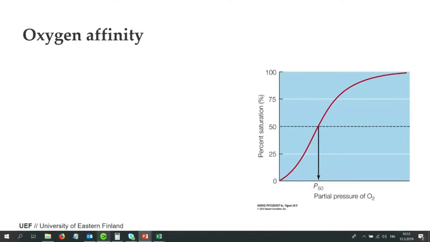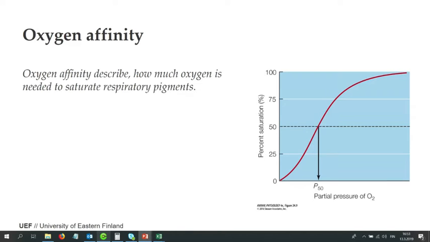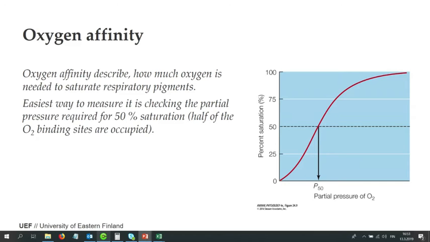Okay, oxygen affinity affects how much oxygen we have where it's saturated. The easiest way is to check at which partial pressure we get 50% saturation, when half of the oxygen binding sites are occupied.